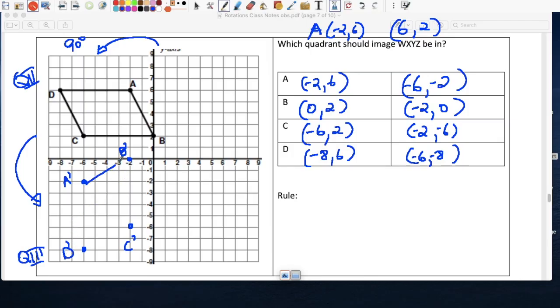So let's connect the dots. And you have your rotation.